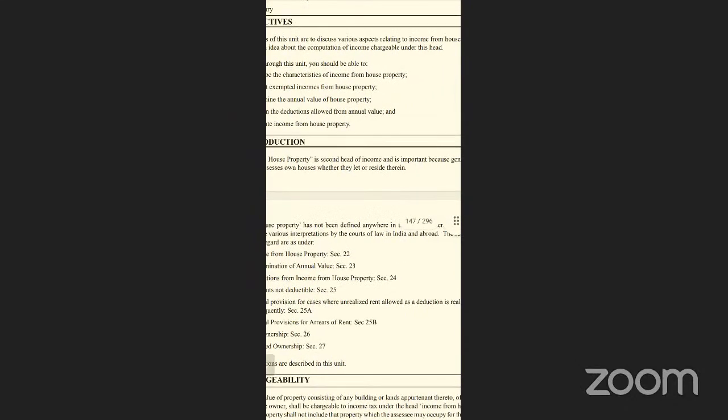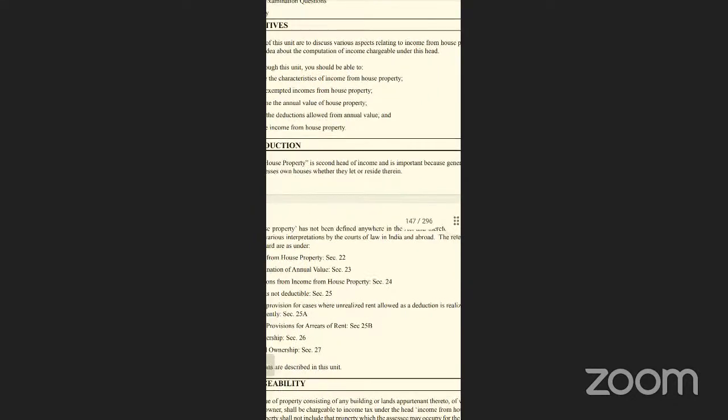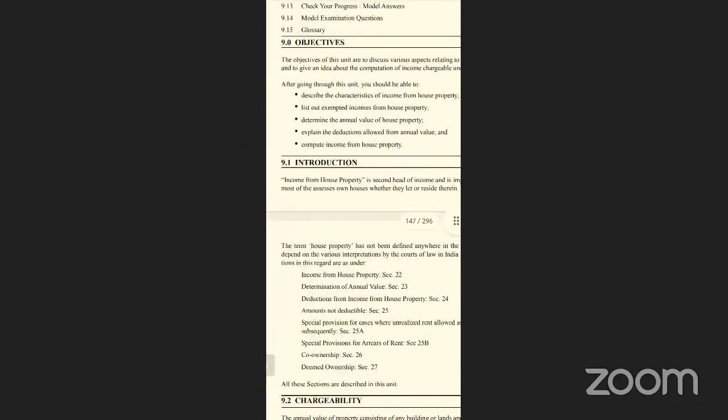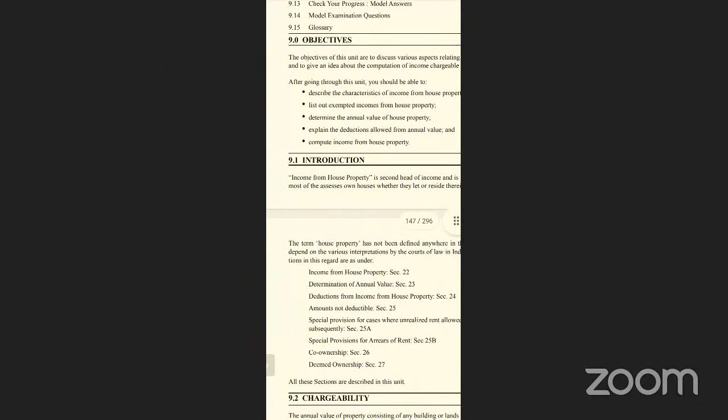So income from house property is the second head of income and is important because most of the assessees might be having their own houses and they will be giving that house on rental basis if he is having more than one house.